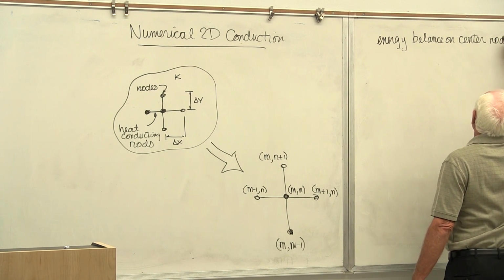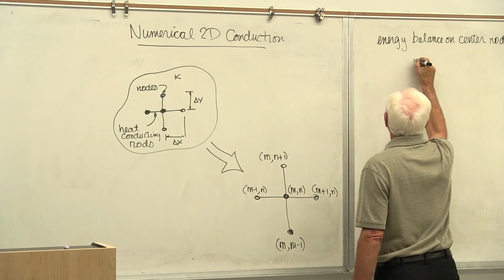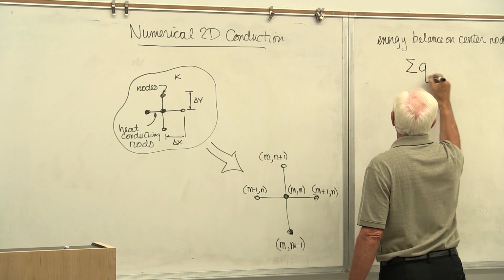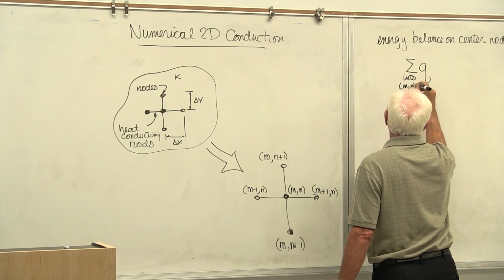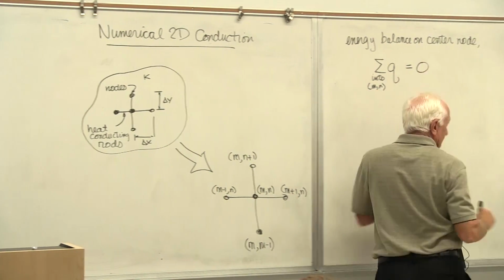And we write it a little differently than we have in the past. We say the sum of all the heat flows into node M,N must be equal to 0.